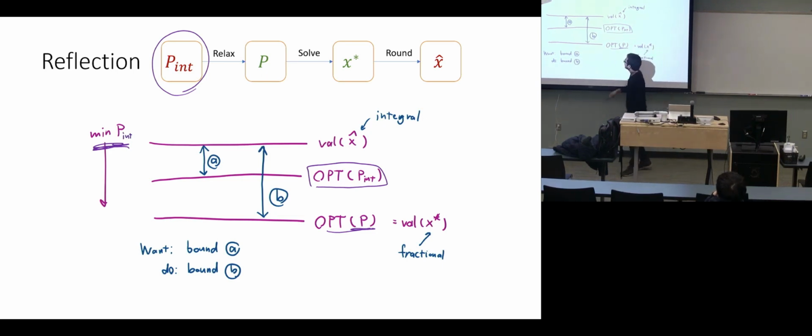Although what we want at the end is just to bound the gap between the value of x hat and the value of the optimal integral solution. But we bound something stronger. And why did we do that? This is just because LP is something that we can easily reason about. So we do something stronger than what we need, but that's what we do.